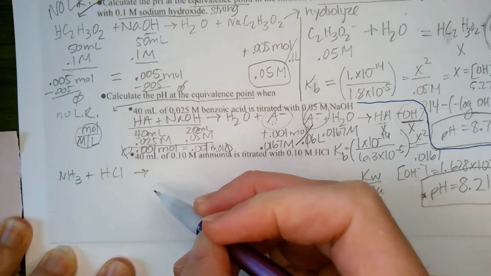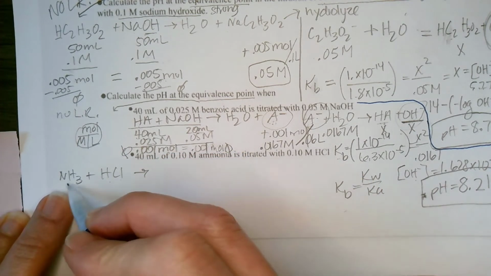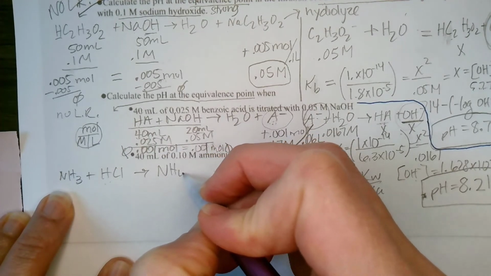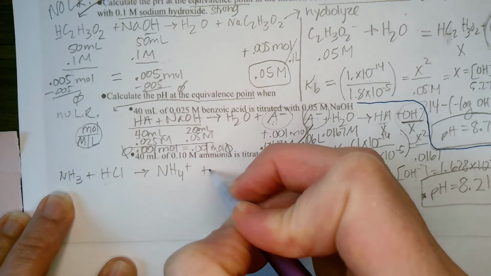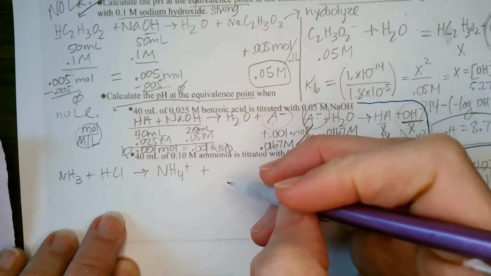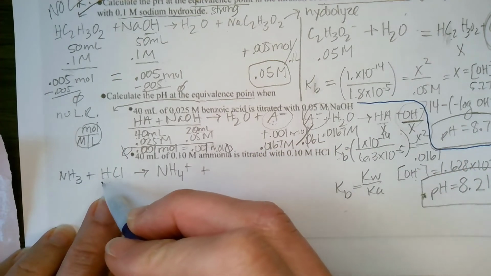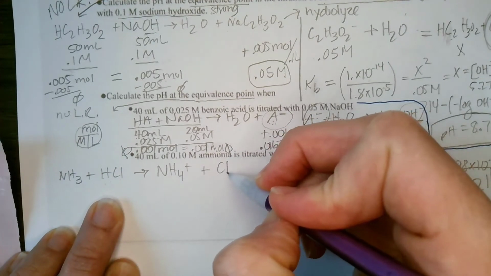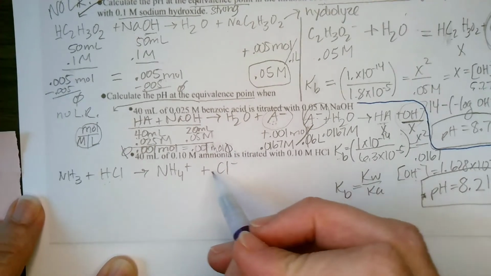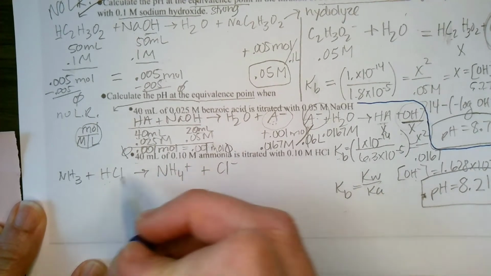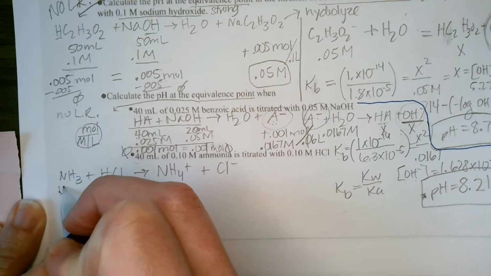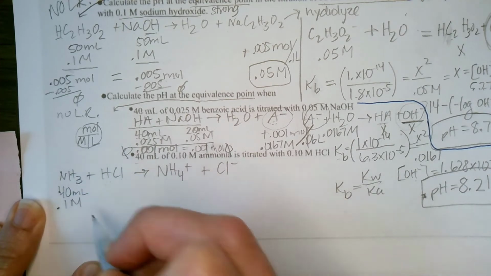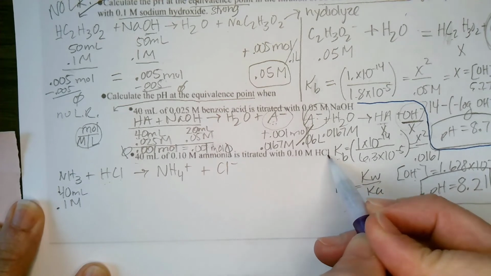And we know that when we have NH3 base plus our acids, which are proton donors, we will create NH4 plus and our chloride ion. And we're told that we have 40 milliliters of 0.1 molar ammonia, and we have 0.1 molar HCl.